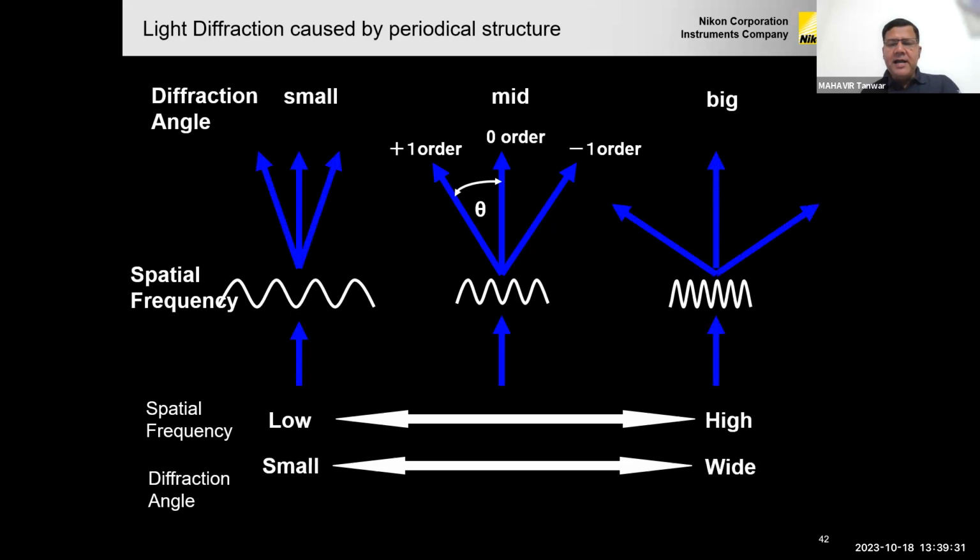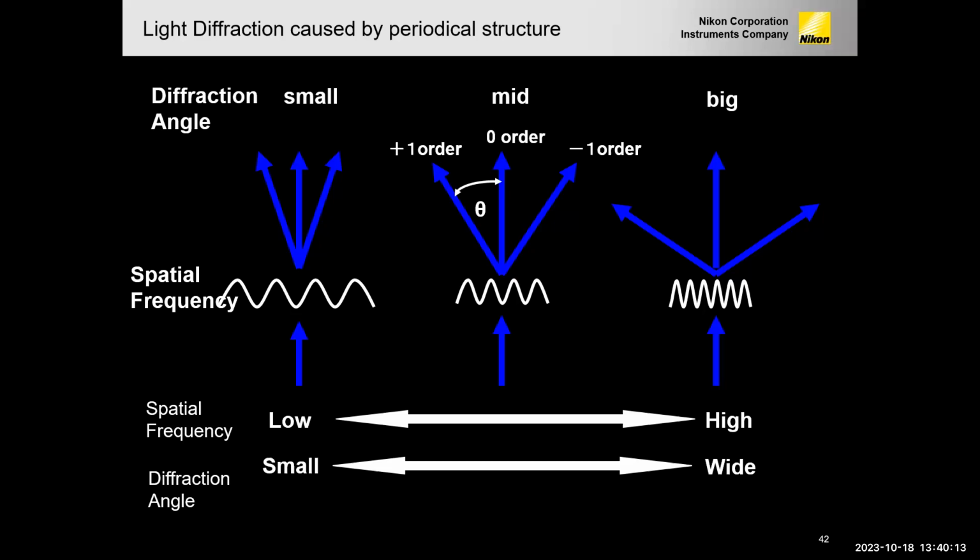But a high spatial frequency means you have a lot of information in the sample. In the extreme right image, the information of the +1 and -1 order is going out of the numerical aperture of the objective. Even with the best numerical aperture, like a 1.49 objective, the plus and minus order is going out of the diffraction. That is a big challenge. How can we bring back the plus and minus 1 order into the numerical aperture, so that virtually we are increasing the numerical aperture? That is the whole plan.